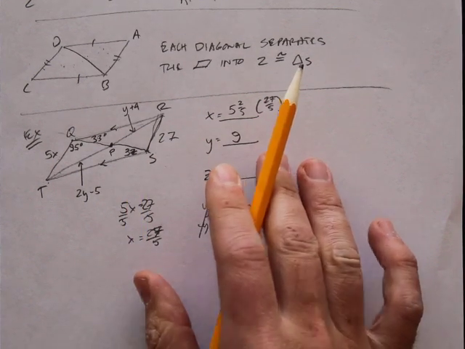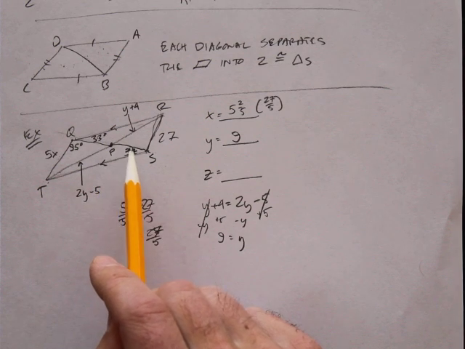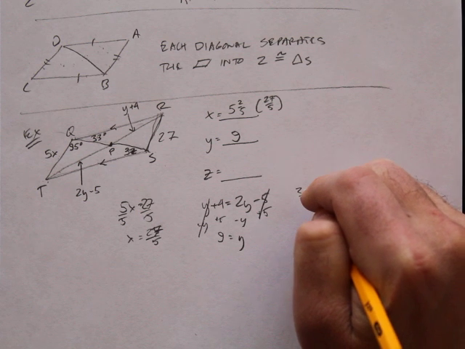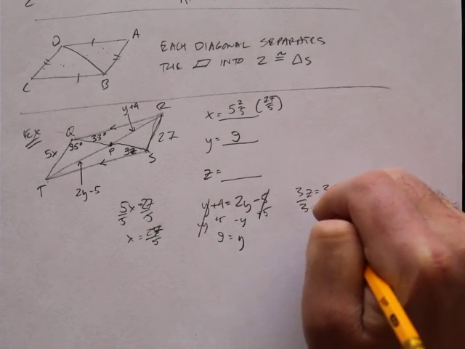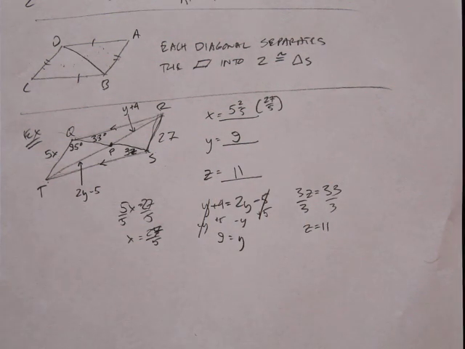Alternate interior angles are congruent. So I can just say this one equals this one. 3z equals 33, divide by 3. Z equals 11. And I have done 6-2. Good luck on the homework.